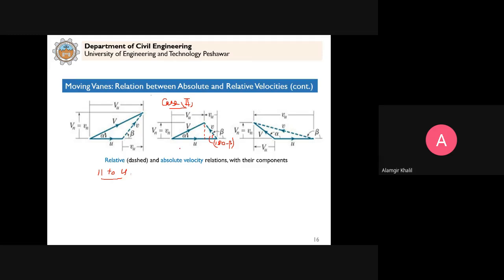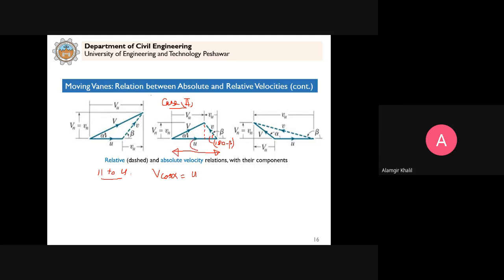So parallel to u, in the u direction, what is the situation? We have v cos of alpha, clear? So this will be equal to u, up to here is u. From here to here this is u, up to here this is u.